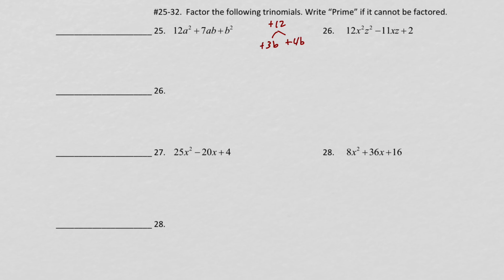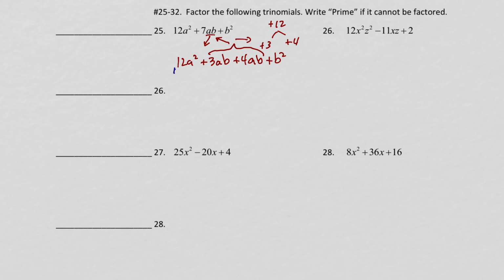Okay, so this will rewrite as 12a squared plus 3ab, because we got to use that same variable, plus 4ab plus b squared. And these two numbers add up to our 7ab, and we got those from that.